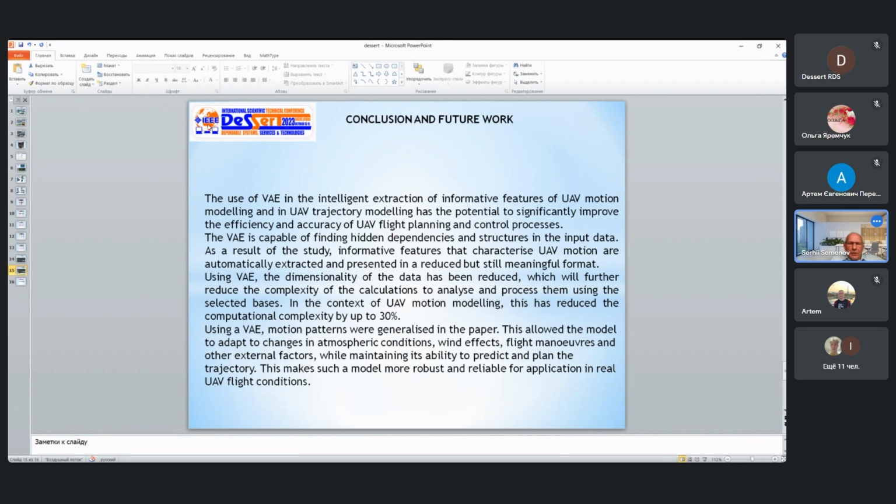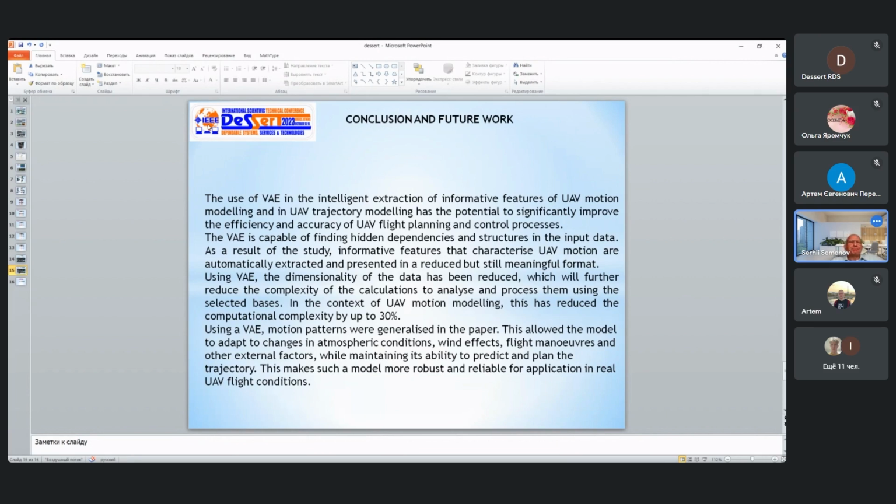The VAE is capable of finding hidden differences and structures in the input data. As a result of the study, informative features that characterize the UAV motion are automatically extracted and presented in a reduced but still meaningful format.